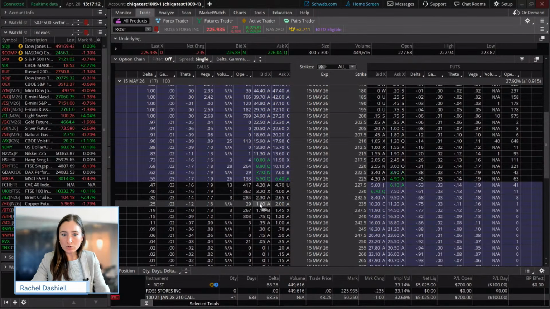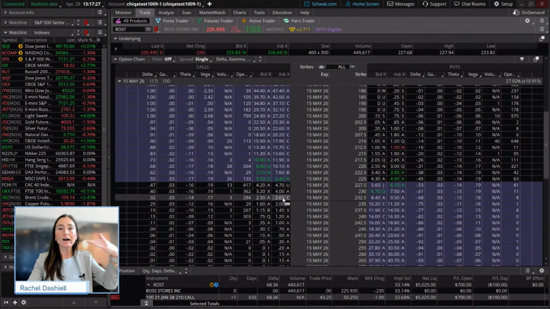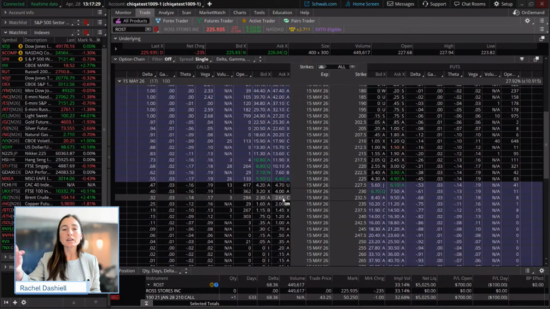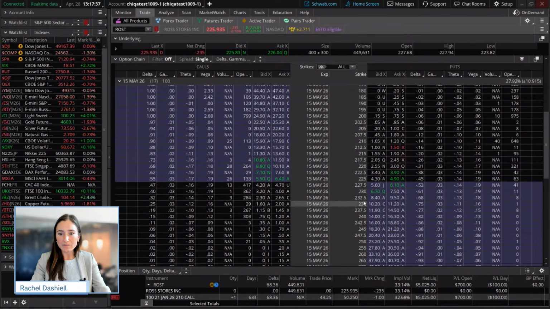And so we see 235, roughly around that level. We also see 232.5 as well. It gives us a little bit of a tighter spread there. So we could look at that level and say, hey, that's slightly above our level of resistance in this very tight range that we're trading at right now. So that may be a level that we look at there, this 232.50.